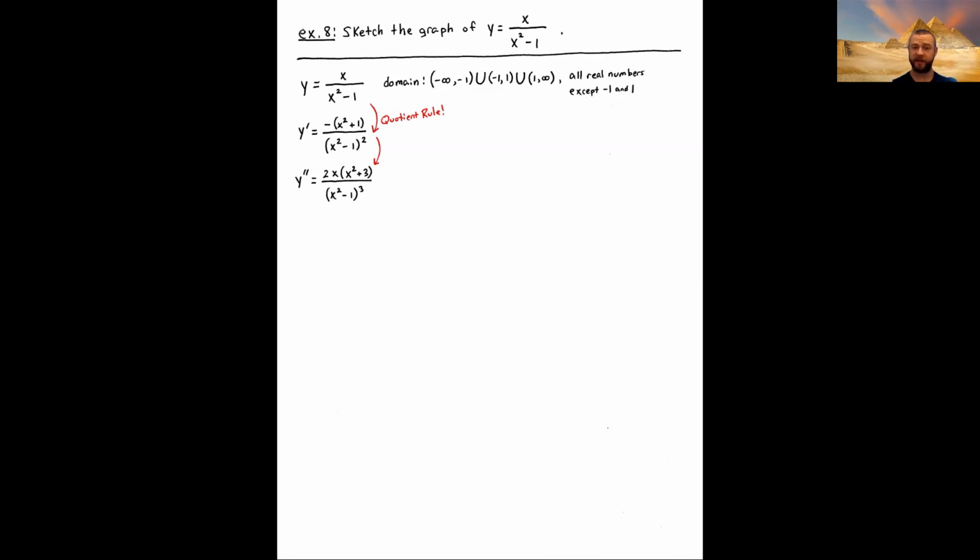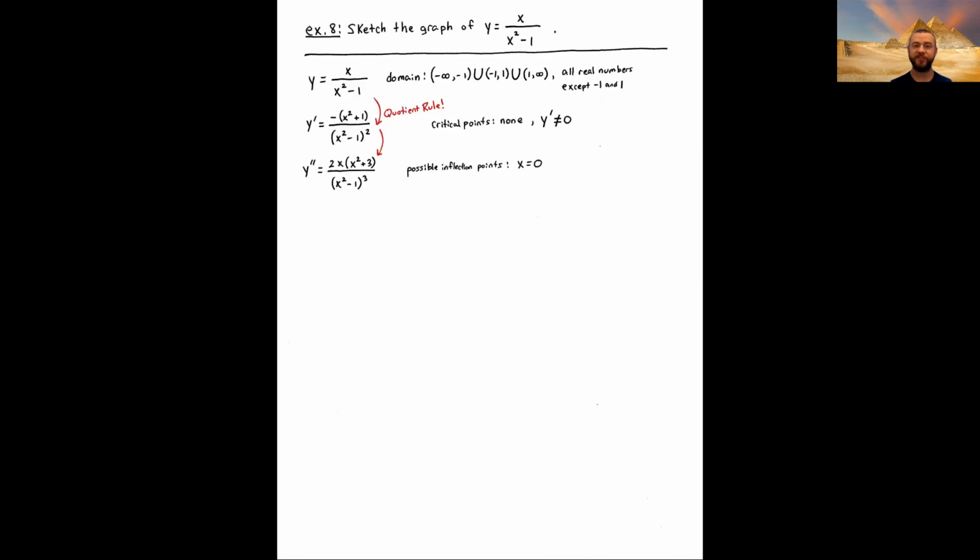In that second derivative, you should find that there is a factor of x squared minus 1 that has canceled out, which is reflected in that denominator, x squared minus 1 cubed, rather than x squared minus 1 to the 4th, squaring the denominator from the first derivative. A factor canceled out there. All right, now we can move on to finding the critical points and possible inflection points.